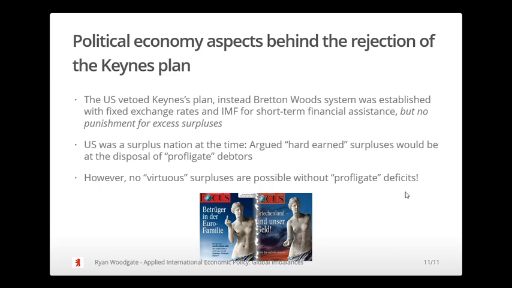So this old political economy aspect is still extremely relevant today in explaining why such a plan as Keynes' does not come to fruition.